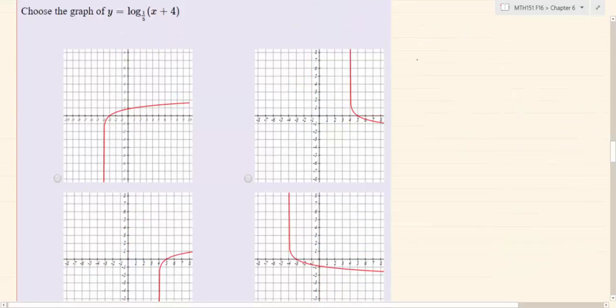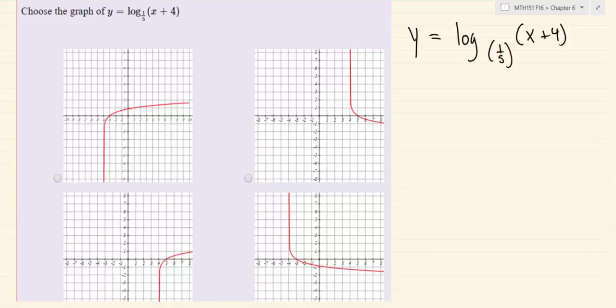So this one is y equals log base 1/5 of x plus 4. So it looks like we've got an h on this one. So we've got a horizontal shift. But we don't apply that until later. So let's first graph those 2 points. So we're going to say a is equal to 1, b is equal to 1/5.